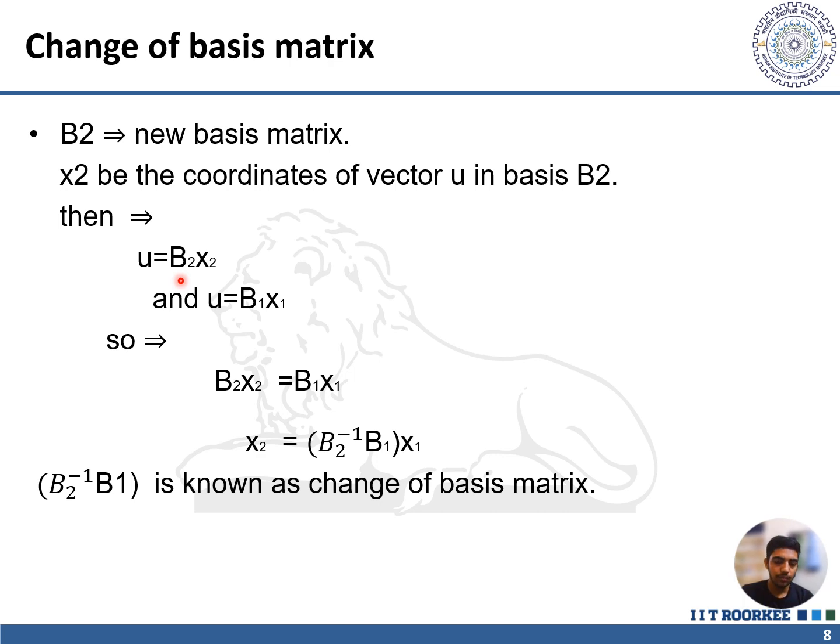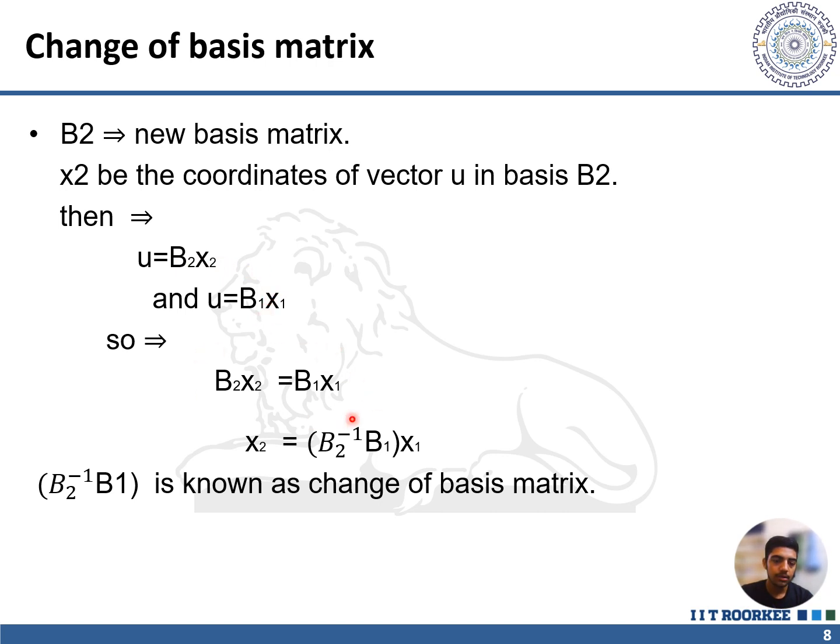How will we do it? As you can see, the vector is the same in both bases. Either you write it in the b1 basis or the b2 basis, the vector is the same, and that's why we can equate the two matrix multiplications b1 x1 and b2 x2.